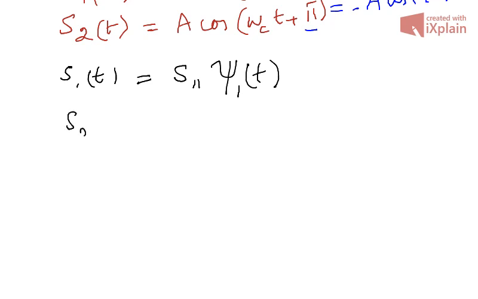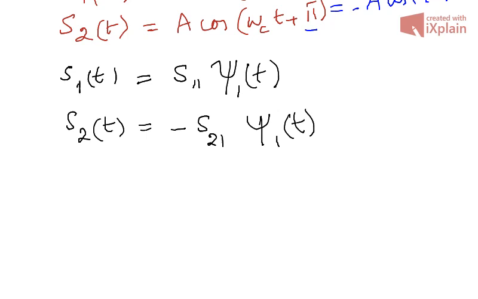And S2 of t can be written as minus S21 psi1 of t. Very important, this is just one-dimensional signaling. Binary phase shift keying is one-dimensional signaling. You just need psi1 to represent these two signal points. S11 and S21 are the scaling factors for psi1.